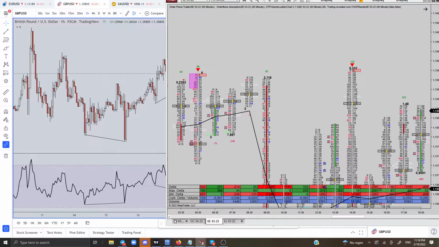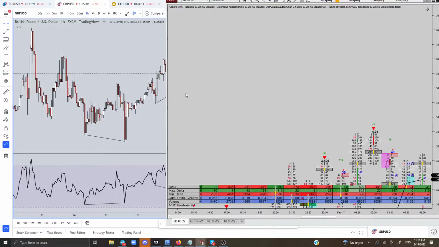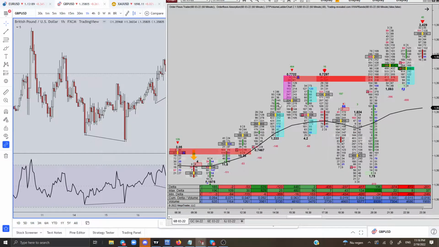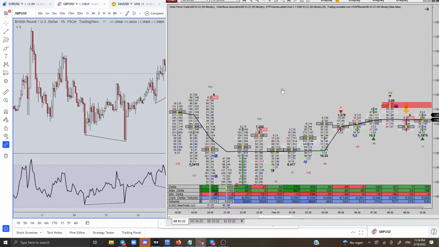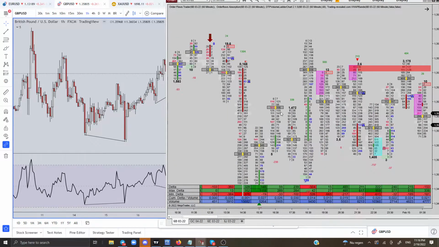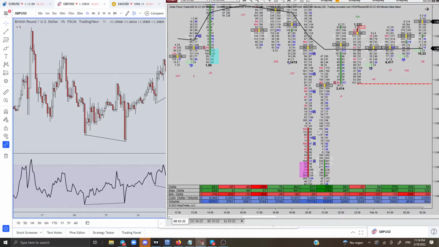If I open 6B and go to that date, 15th of February. This is 16th of February, no problem. Let's go to the 15th. This is the 14th, I think. Yeah, 15th of February, this one.